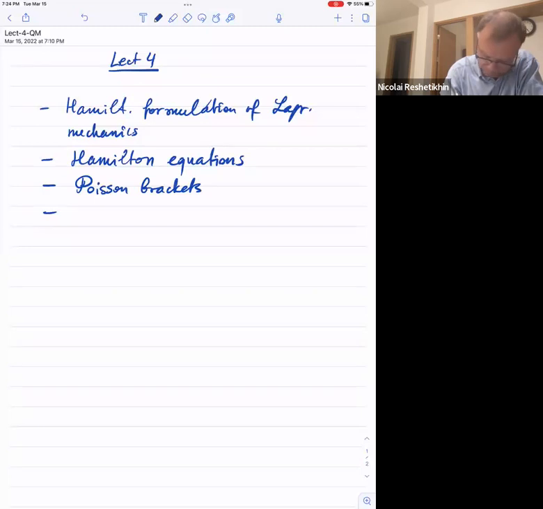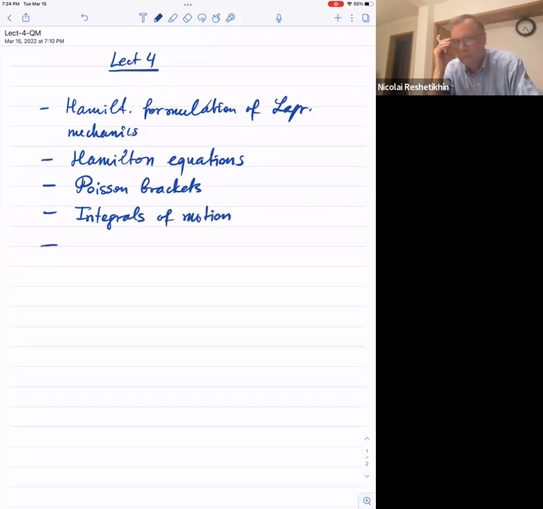And we have a definition of the integral of motion, or the integrals of motion. And then I started a short overview of symplectic geometry. So I introduced symplectic manifolds.